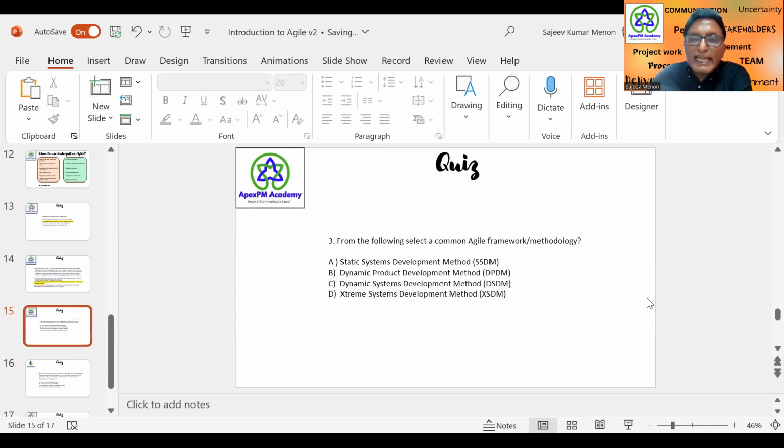From the following, select a common Agile framework or methodology. So this is a direct question talking about the lightweight frameworks under Agile. And if you have seen that slide carefully about the Agile umbrella, you will note that there is only one of, is it static system development method, dynamic product development method, dynamic systems development method, or extreme systems development method?